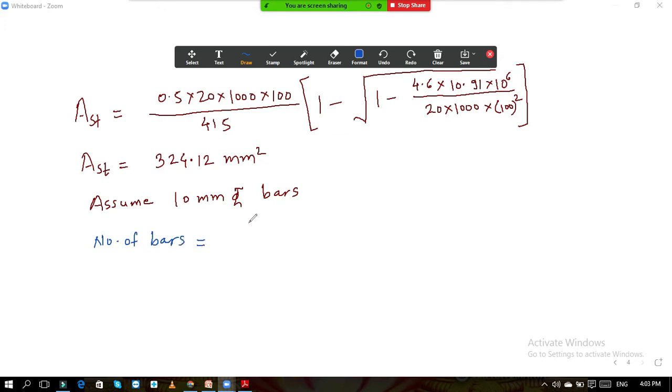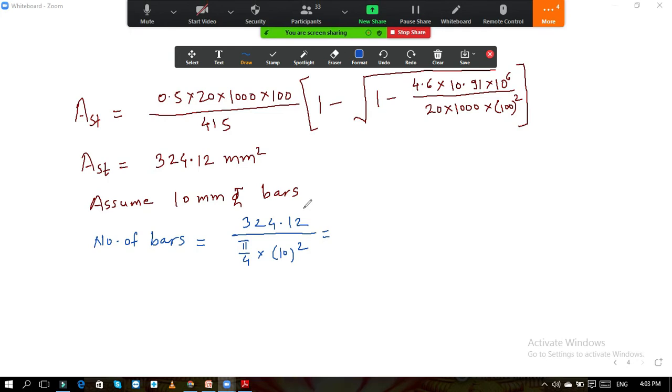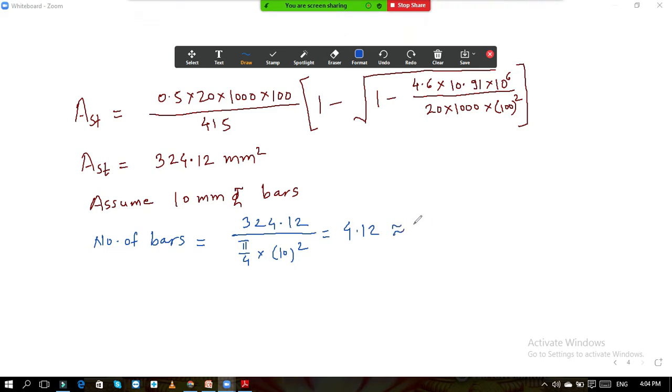It is the total area of steel divided by the area of a single bar. How many bars are required? 4.12, so we will round up this value to 5. 5 bars are required.